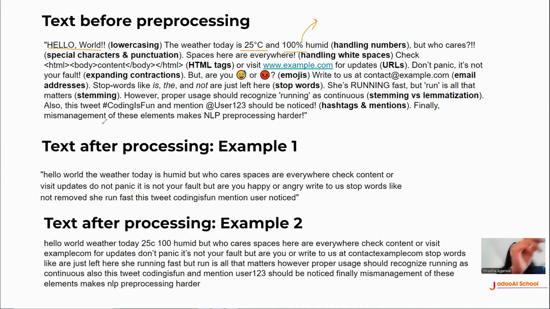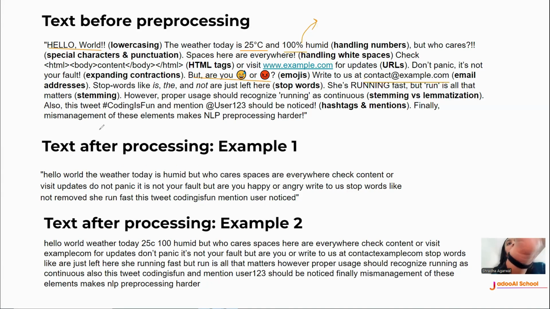Then when you scrape your data, you also have these kinds of tags, HTML tags. Then you also have these emojis, right? Then you will also have these emails, contact us at example.com, right? Then you also have stop words. What are stop words?